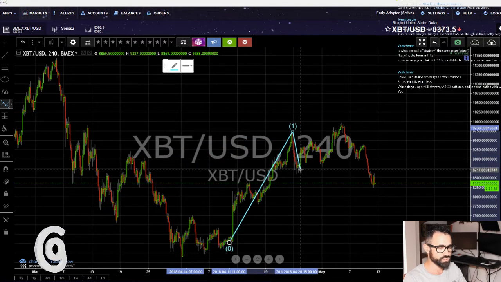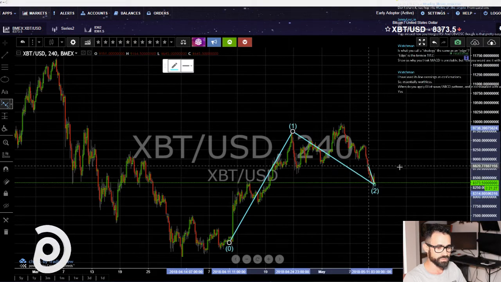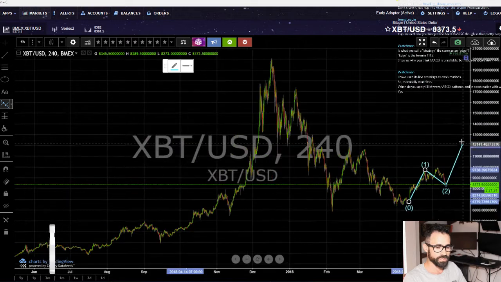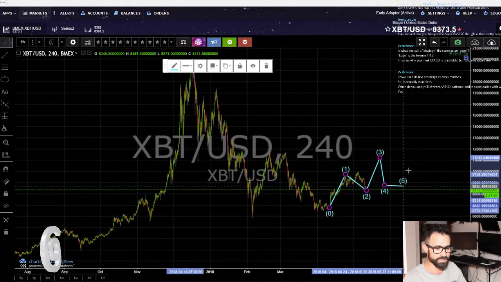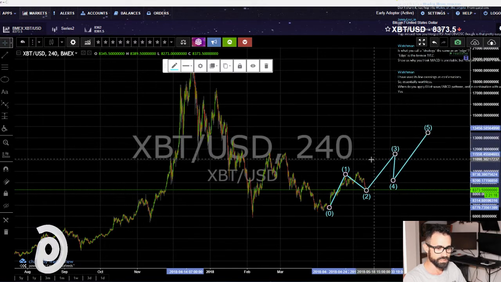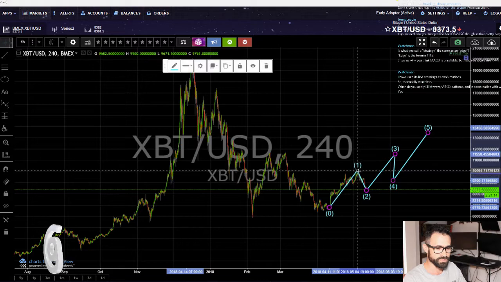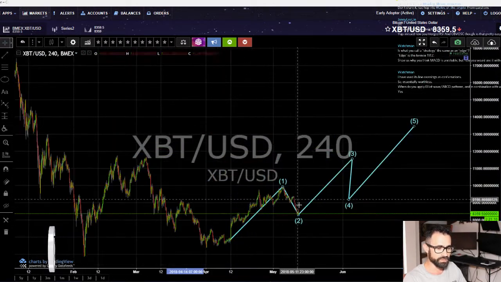This is not a 2. The 2 is going to be lower, so this would be the 2. So if this was an Elliott wave, and this is where it becomes meme lines, right? Because there's various fib levels that coincide with the pullbacks and the extensions of these. And by no means am I saying this is what's going to happen. But this pullback is looking like a wave 2.